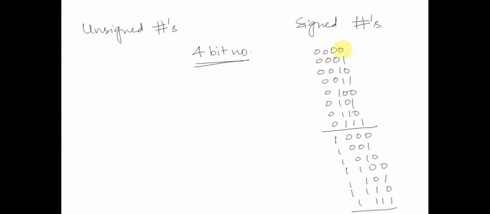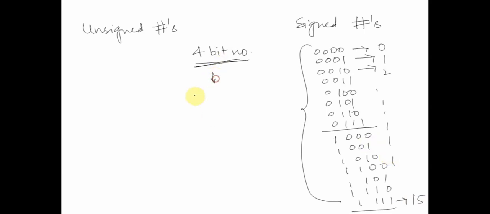correct. So now let's assume we have numbers from a 4-bit number. How many numbers can we represent? 0 1 2, so on and so forth, and this is nothing but 2 raised to power 3 plus 2 raised to power 2 plus 2 raised to power 1 plus 2 raised to power 0, which is nothing but 15. Correct? So a 4-bit number can have values from 0 to 15.